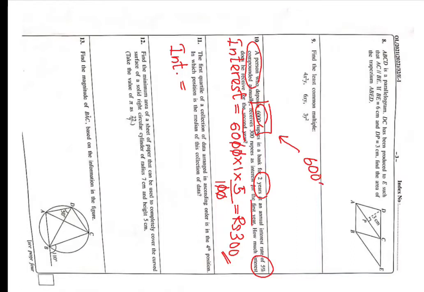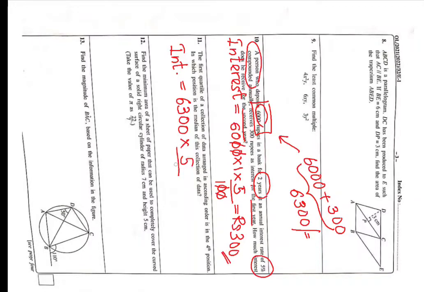Principal means the deposit, in this case 6,000. Add the first year interest to that. That will be the principal for the second year. That is the only difference. So not 6,000, this becomes 6,300.